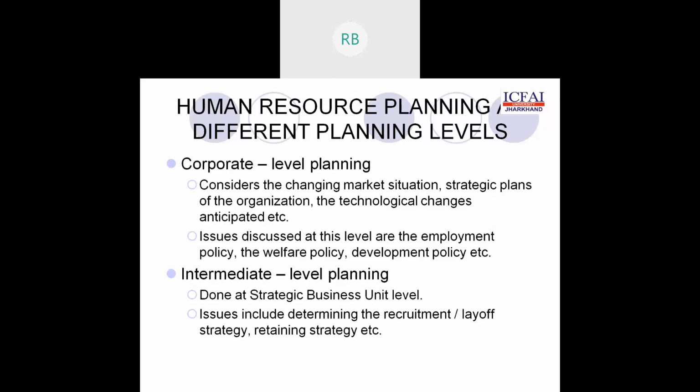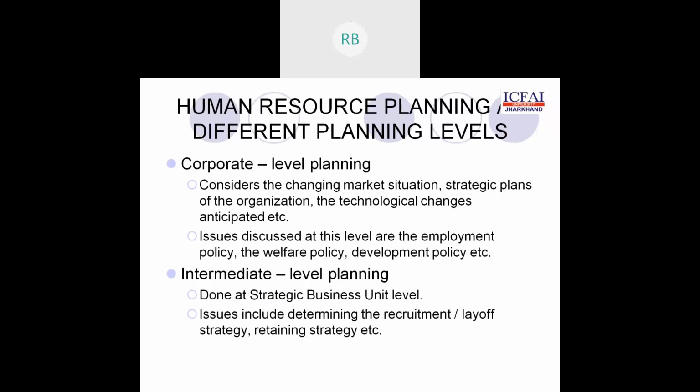Then we have intermediate level planning. Intermediate level planning is a strategy business unit level, as we call it SBU. HR planning at this stage is done based on the corporate level HR plan.